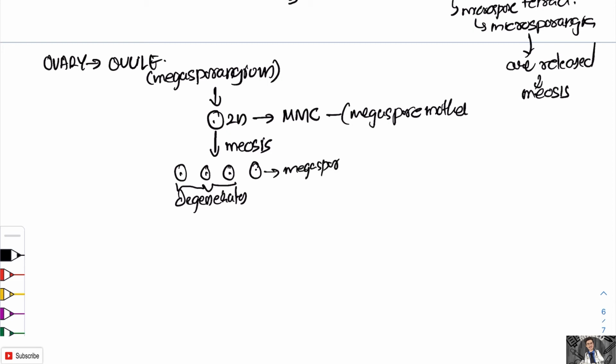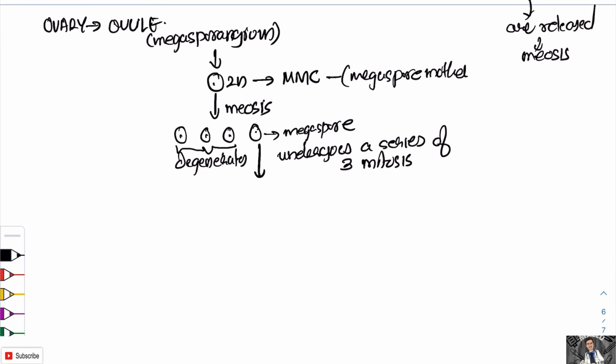Now this megaspore undergoes a series of 3 mitoses, wherein there is karyokinesis but no cytokinesis.